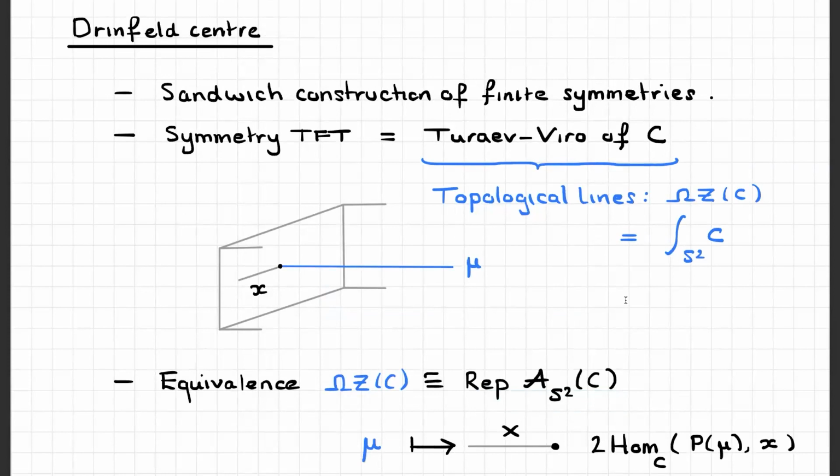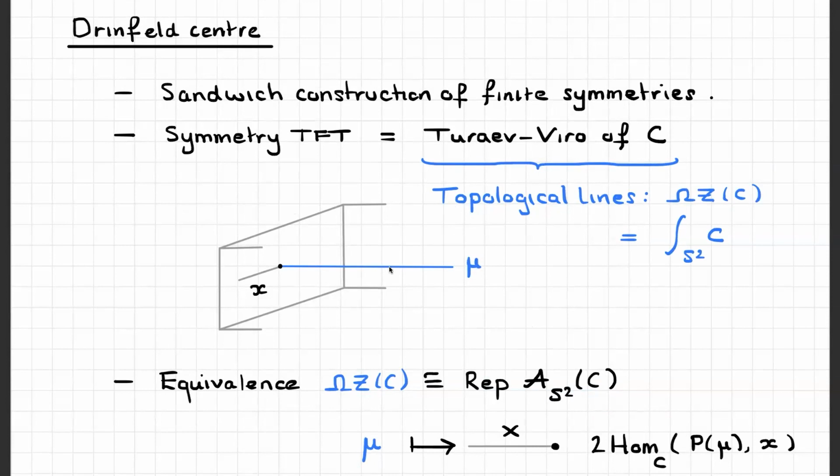And again, the picture is very similar, except now we have a 4D TQFT in the bulk, which is your Turaev-Viro theory of your Fusion 2 category C, or some higher version of it, studied by Douglas and Reutter. And again, the idea is that the representations of your tube algebra in this case are in one-to-one correspondence with topological lines in that theory.